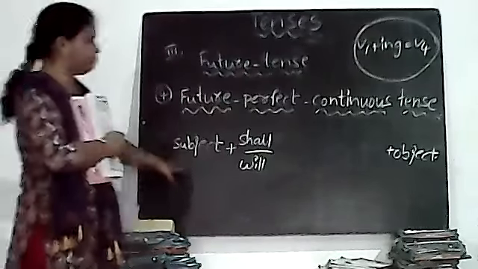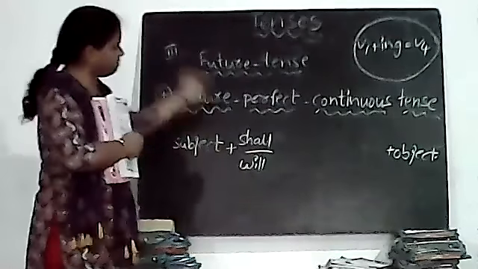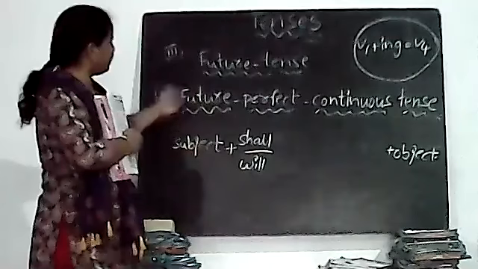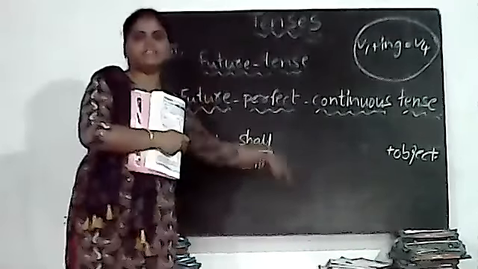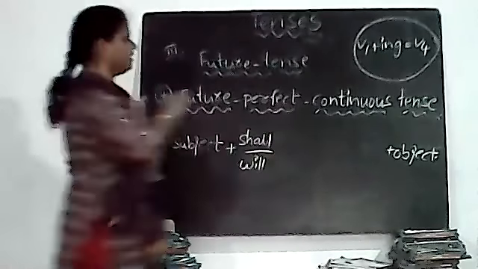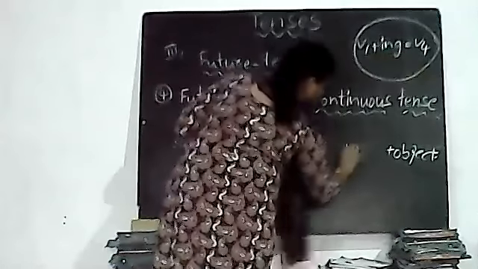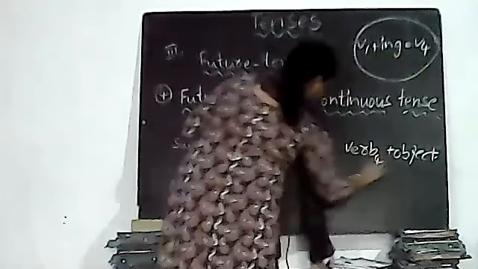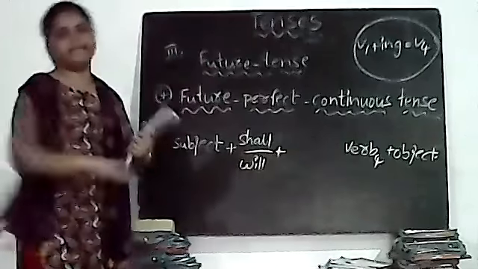Here also subject and shall or will. Simple future tense also has shall or will, and future continuous and future perfect also have shall or will. Before, shall or will is changing and verb 4 also changes, so here we write only verb 4, verb 1 ing. So what is the change? Shall or will, have been.